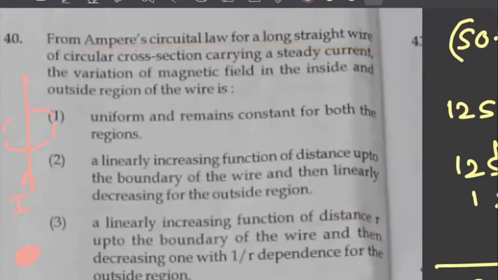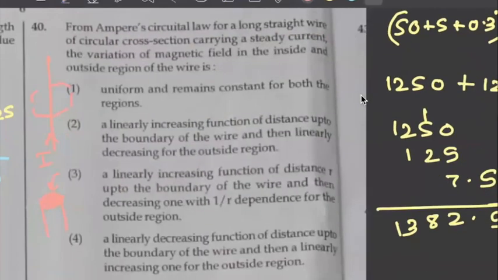Inside is the solid material. So this is like my wire. What is the magnetic field inside and what's the magnetic field outside? Magnetic field outside, we know the formula B for a straight wire is mu 0 I by 2 pi a, where a is the distance. And if you want magnetic field inside, then it is inside the thickness of the wire. So for a solid cylinder, it is directly proportional to small r, the distance.